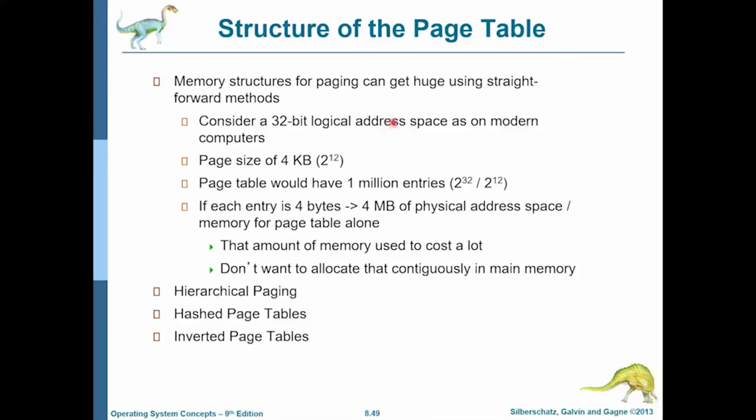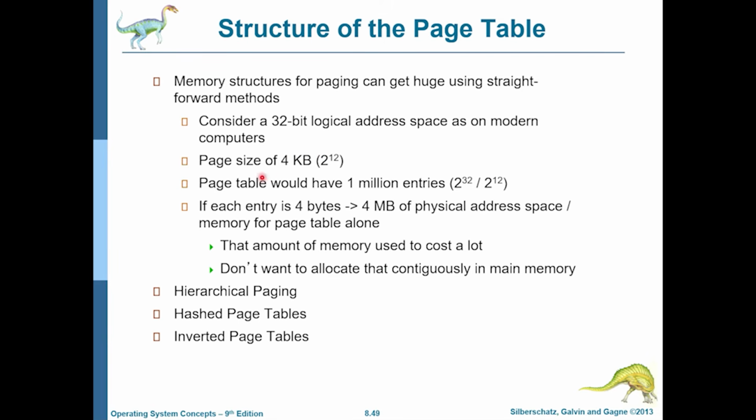Now let's consider this situation. Suppose our logical address space is 32 bits in size, and the page size is 4 KB. That is, the offset has 12 bits, and 2 to the power 12 is 4 KB. Then how many page table entries should be there? So we can divide the total size of our logical address space by the page size, and we will get this number.